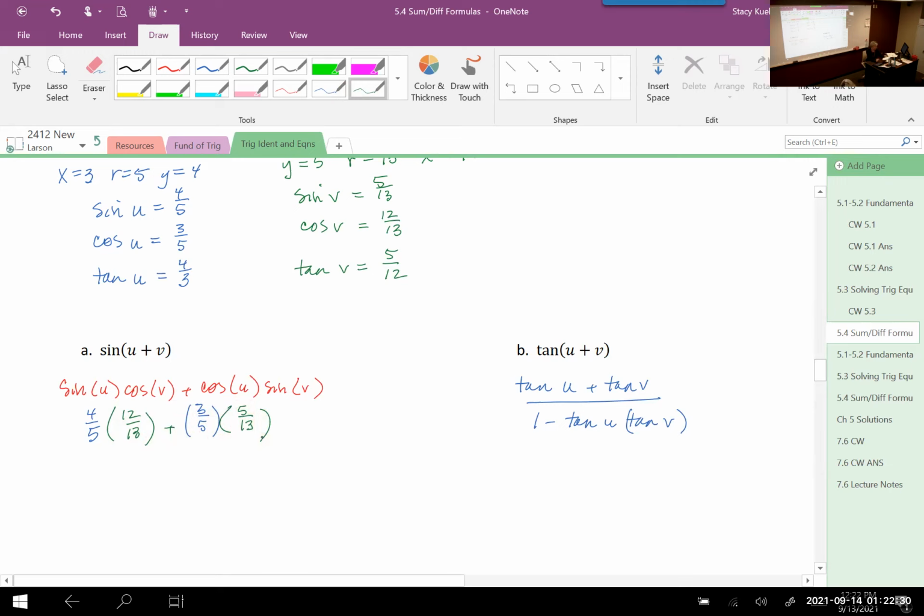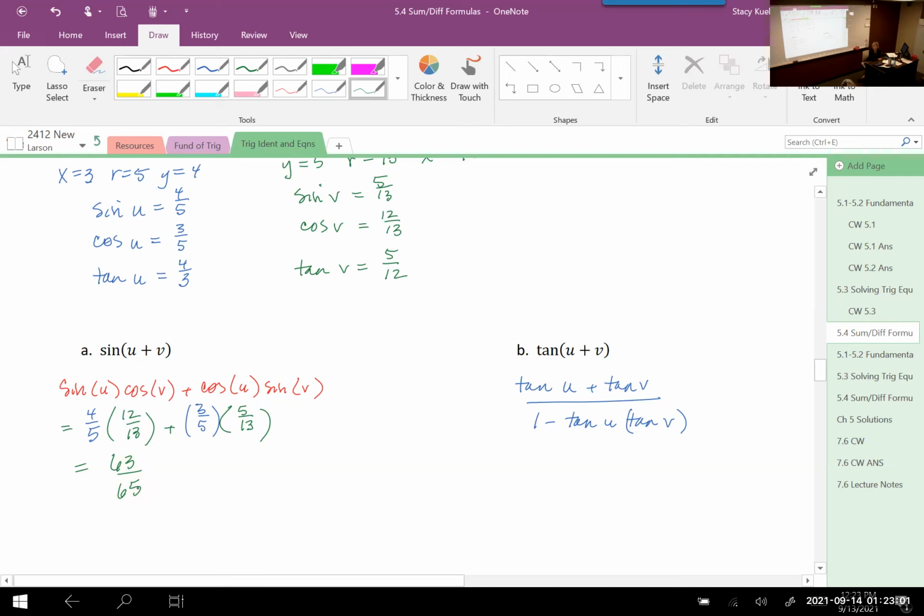Now we're going to multiply and then add these two things together. Remember you're going to multiply numerator to numerator, denominator to denominator, and add them together. And you end up with 63/65.